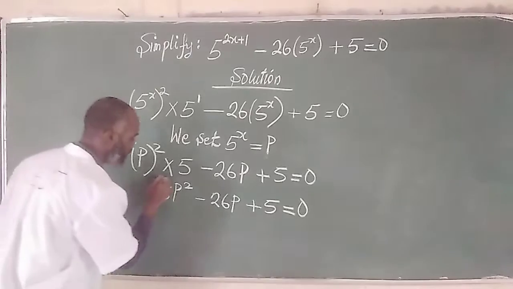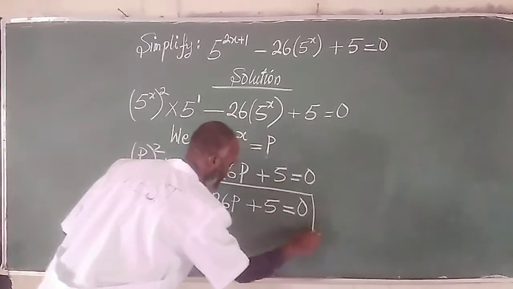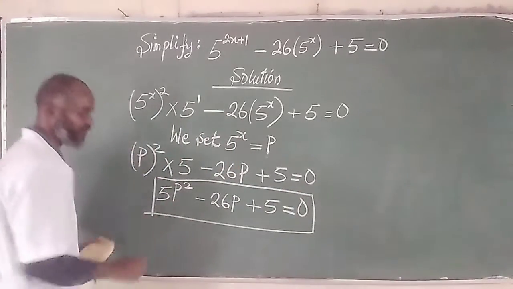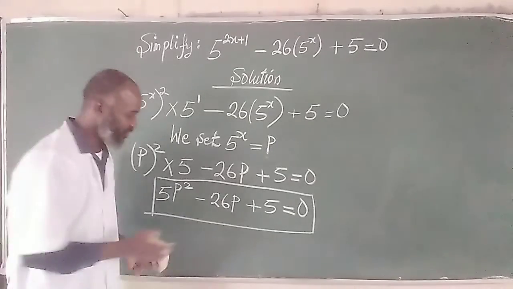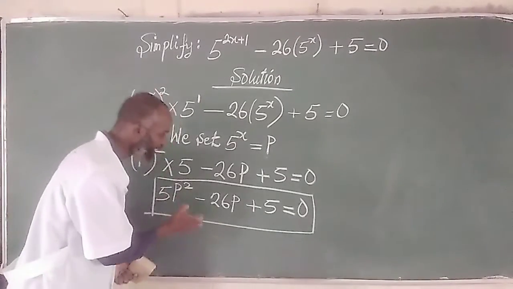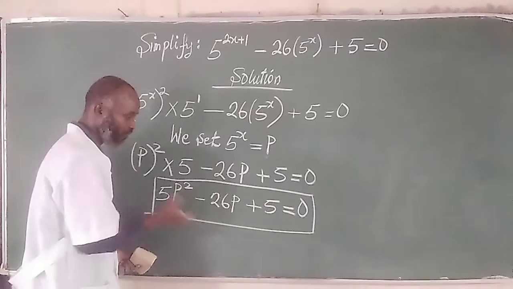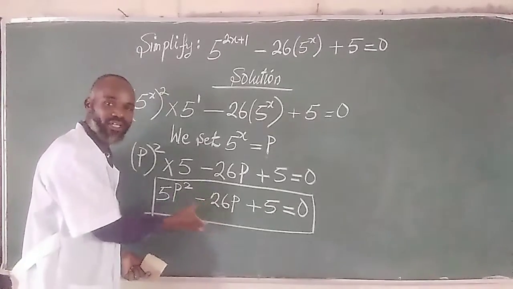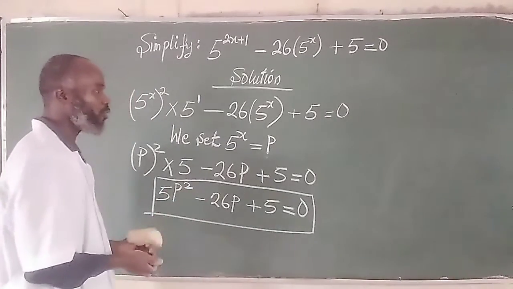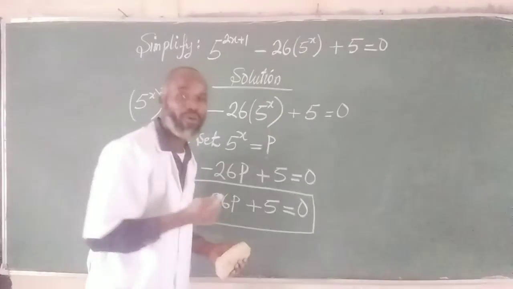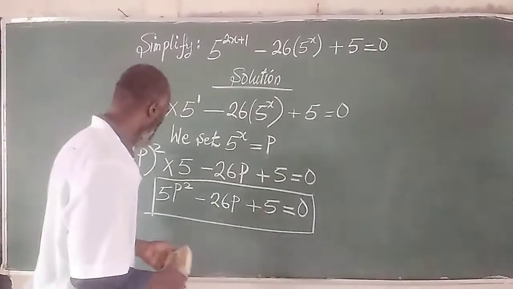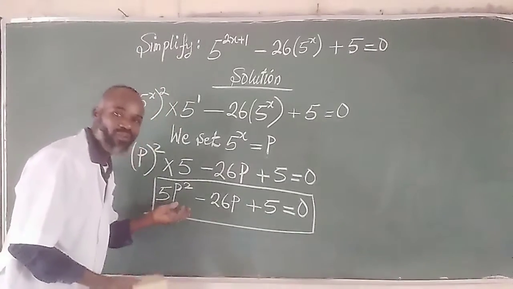Look at this. We have finally generated a quadratic equation of this form. It is time for us to check which of the quadratic formula or methods will be appropriate in solving this.